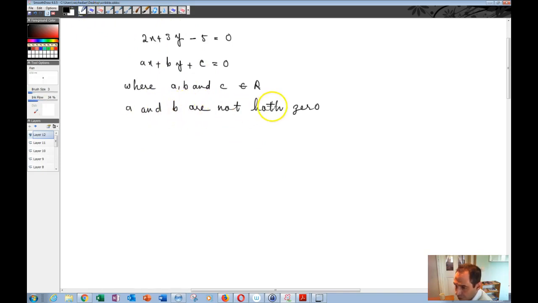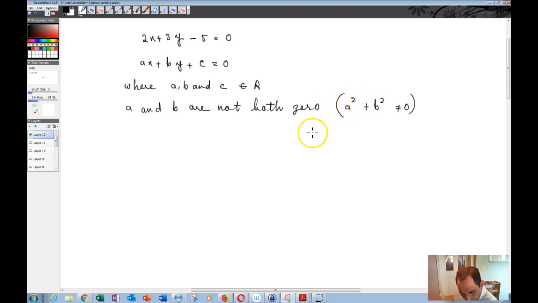So a and b are not both 0, and this condition is usually written mathematically as a squared plus b squared is not equal to 0, meaning that a and b cannot both be 0 at the same time.